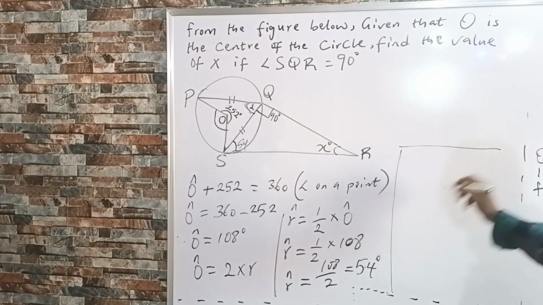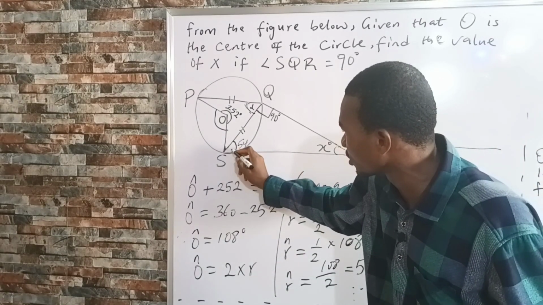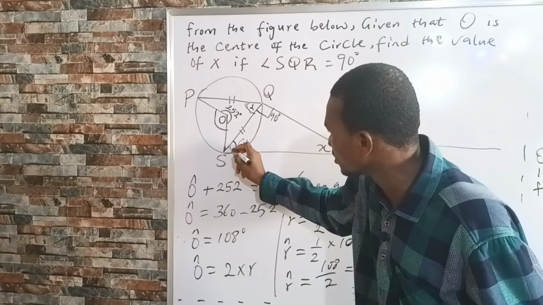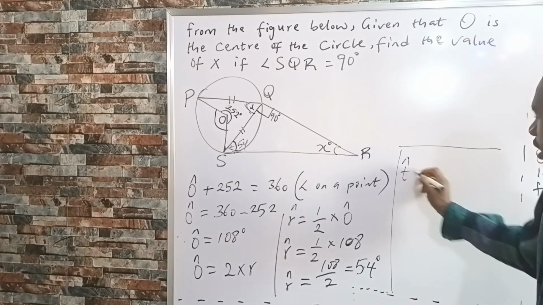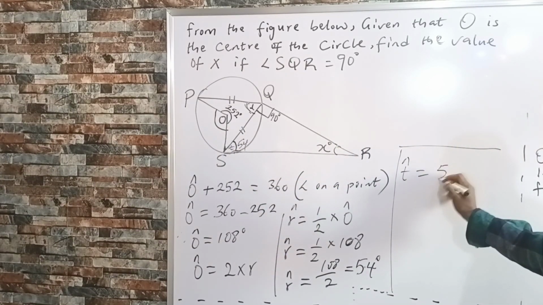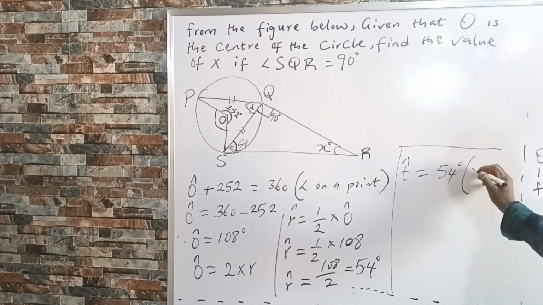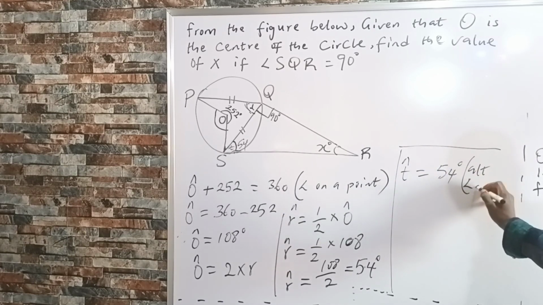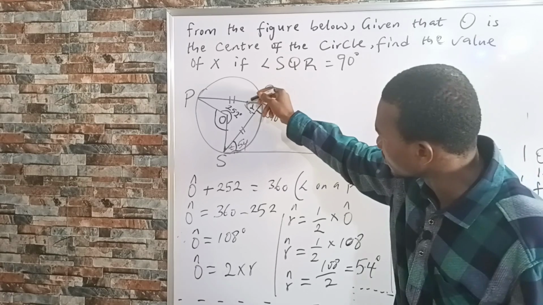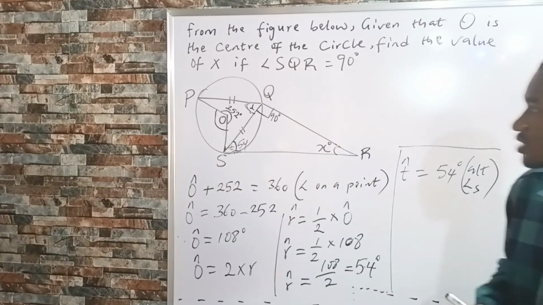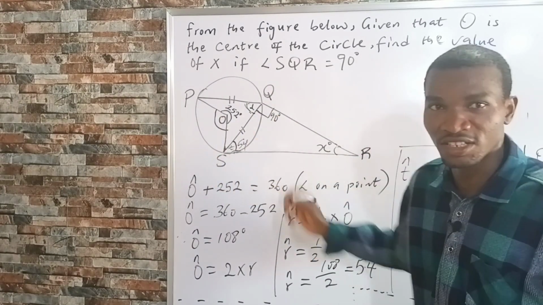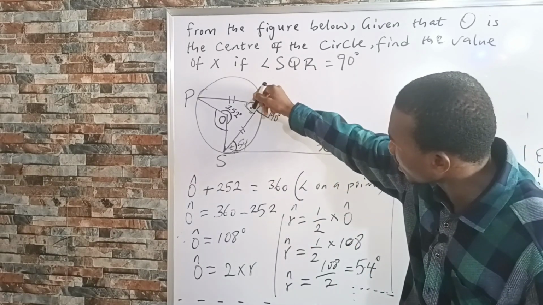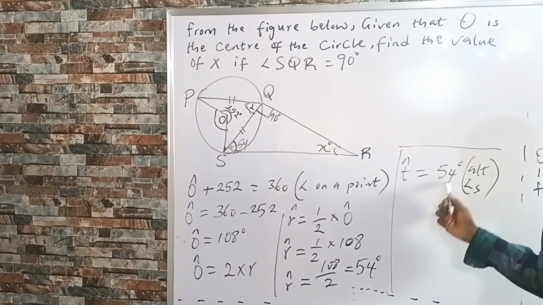Let me call this angle here small t. So angle small t is equal to the same 54 degrees. They are alternate angles, and alternate angles are equal. Don't forget, we know alternate angles using the z structure, whereby this angle r is alternate to this. So the angle t is as well 54.